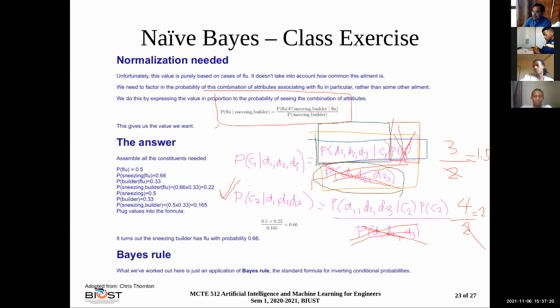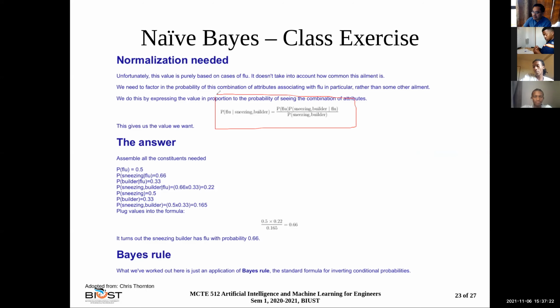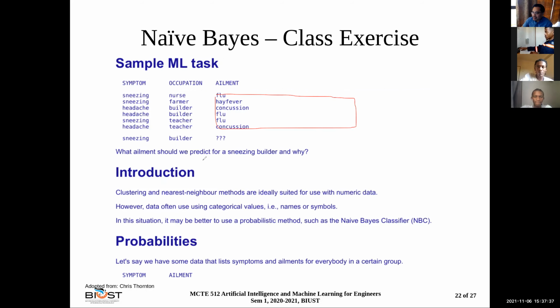Why do we still consider the entire equation in this case? Because we're only considering one class. We didn't consider sneezing against the other ailment, hay fever against concussion.